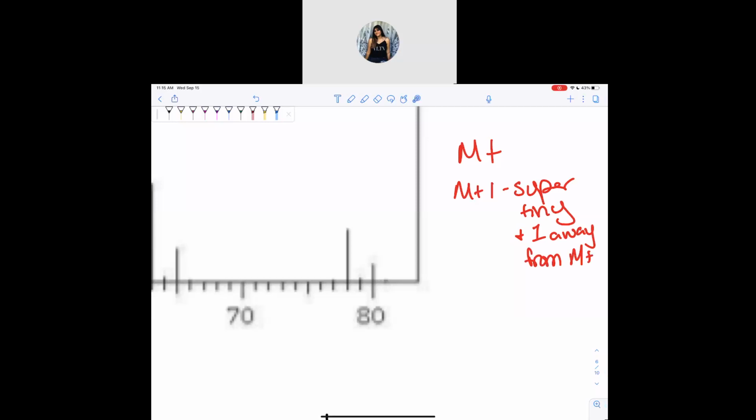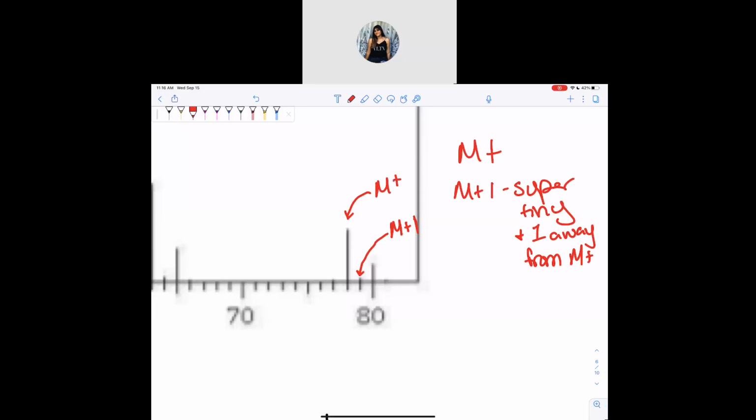So I'm going to look at this end area, and it's kind of hard to see, but we have a teeny tiny peak here and a bigger peak on the left of it. So this teeny tiny peak is the M+1 peak. This one is the M+ peak.